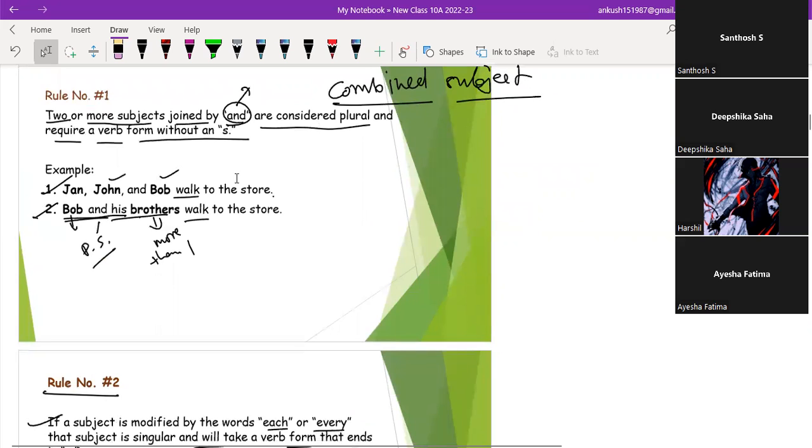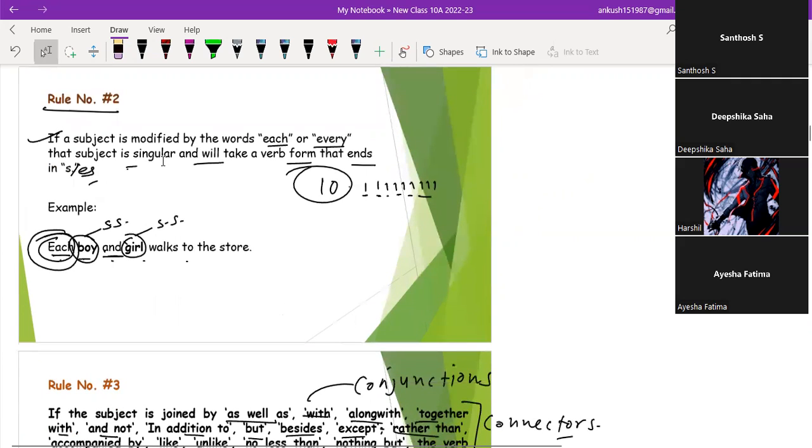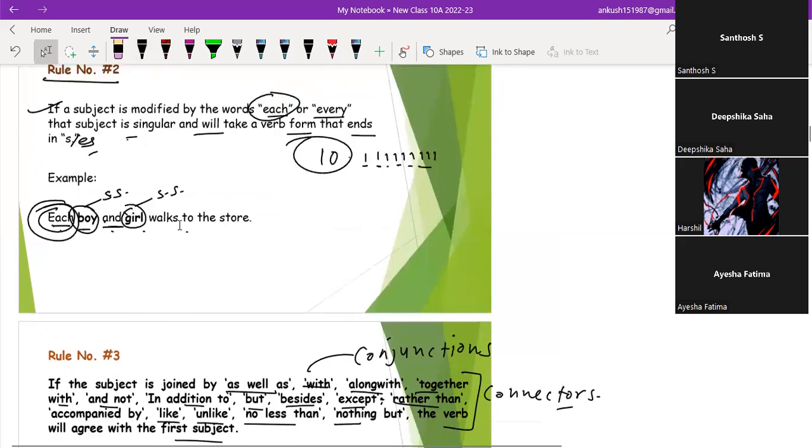First rule: when they come together with the conjunction and, the combined subject is considered plural and a plural verb is used. Second thing: when there are more people but each and every these words are coming, referring to each, meaning single, the verb would be used as singular.